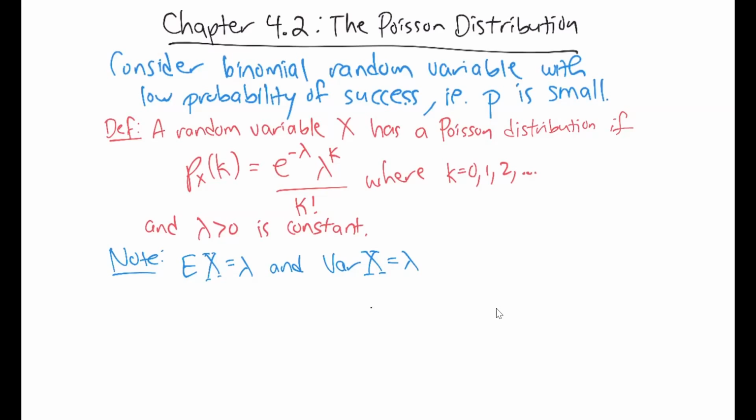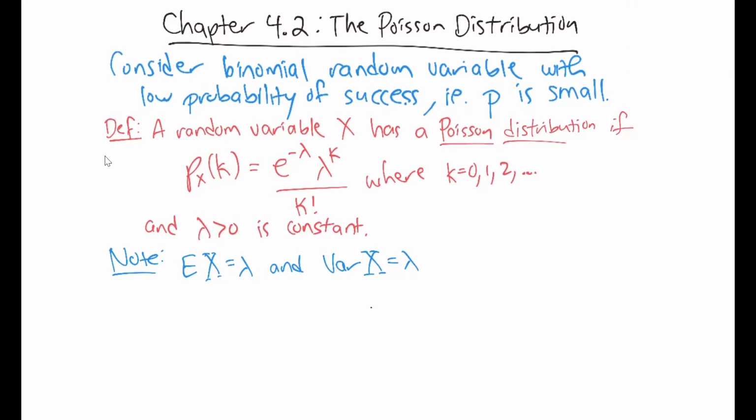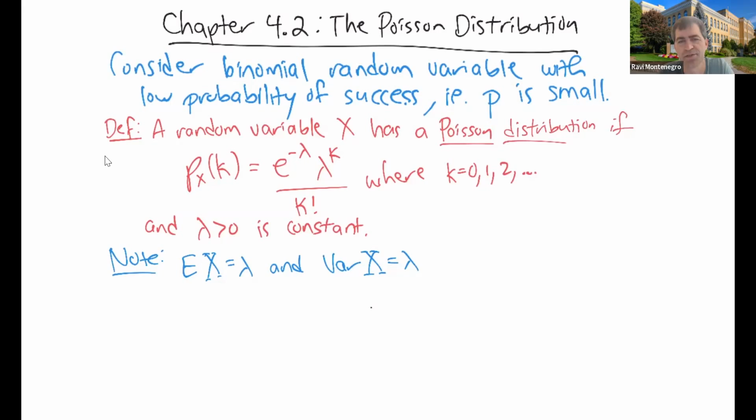So that PDF function you have right there, is that the Poisson distribution, or is that just like a factor that makes something like an attribute of something that has a Poisson distribution? No, this is the definition of a Poisson distribution. So if you have something of this form, you call it a Poisson distribution.